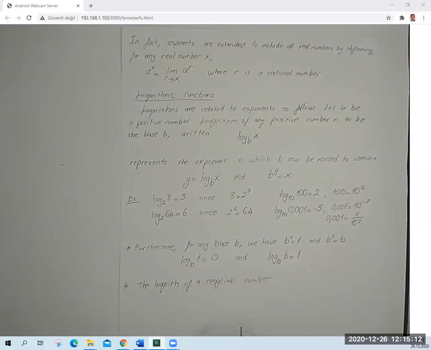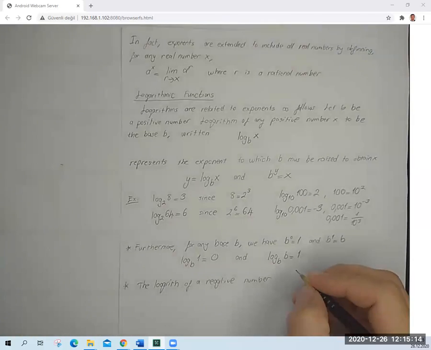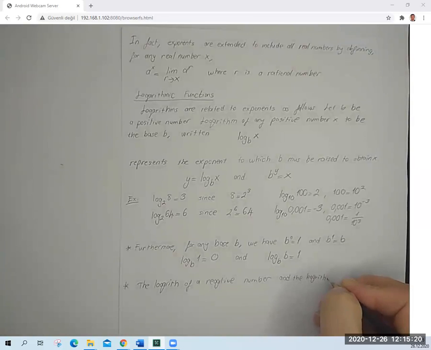And let's write that the logarithm of a negative number and the logarithm of 0 are not defined.